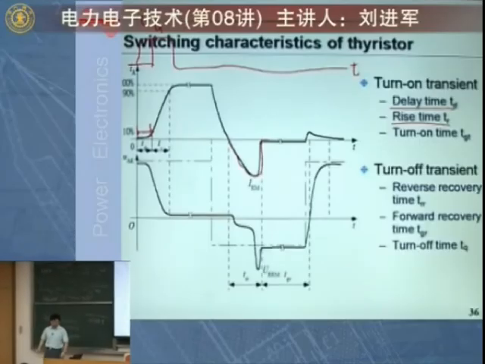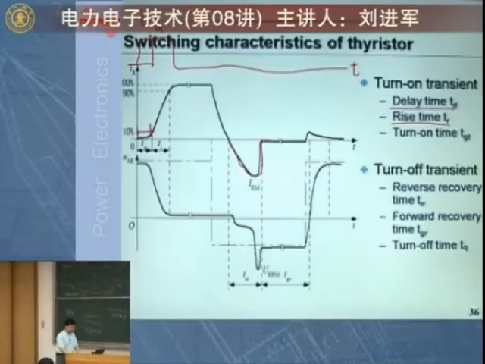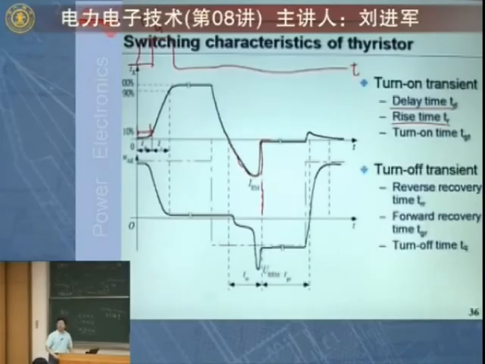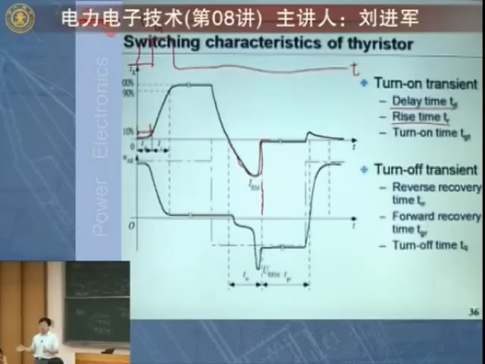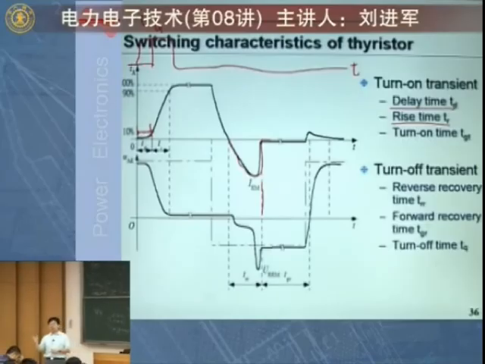That means after this time instant, if you suddenly change the outside voltage to positive again, then the thyristor will be turned on, even if you have no gate current, because the thyristor is not recovered yet.